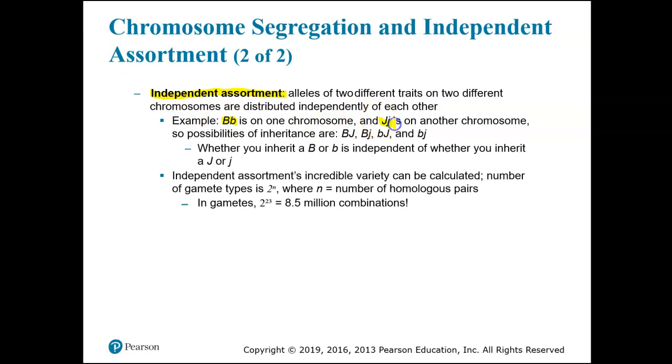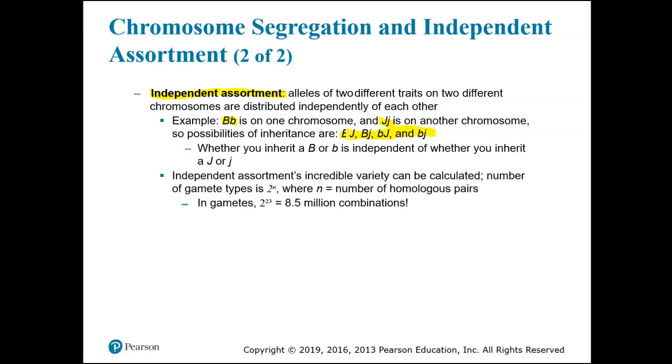So the gametes, your egg and your sperm, can have big B big J, big B little j, little b big J, or little b little j. These are the possible allele combinations you could have in your egg or your sperm.